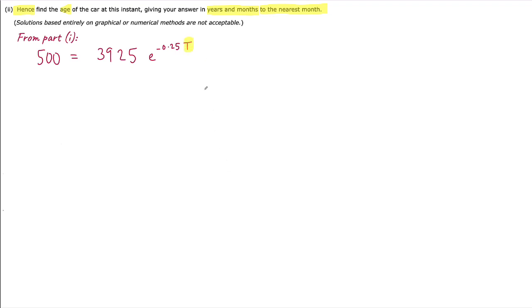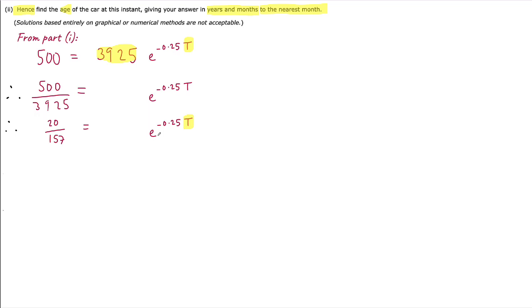So we need to solve this equation for capital T. The first step is to divide both sides by this number. That gives us this on the left-hand side, which we can simplify to give us this fraction. Next, to extract this capital T from the power, we need to do the opposite of taking exponentials. That's taking logs.